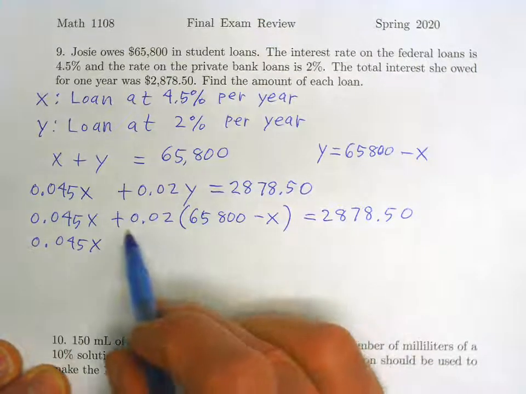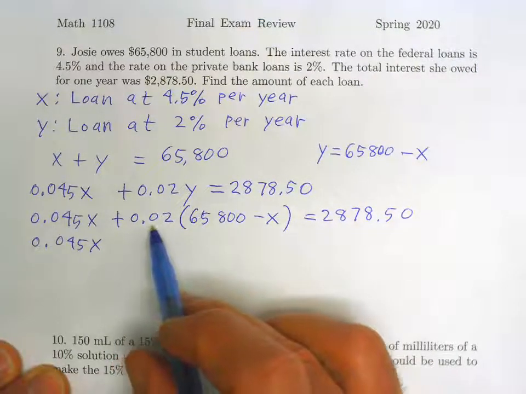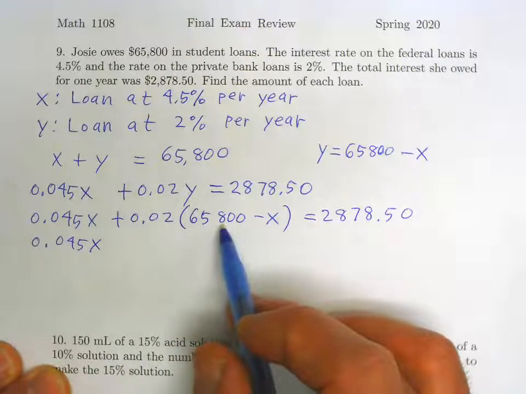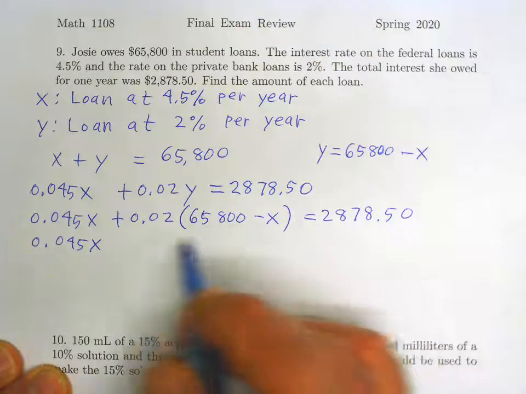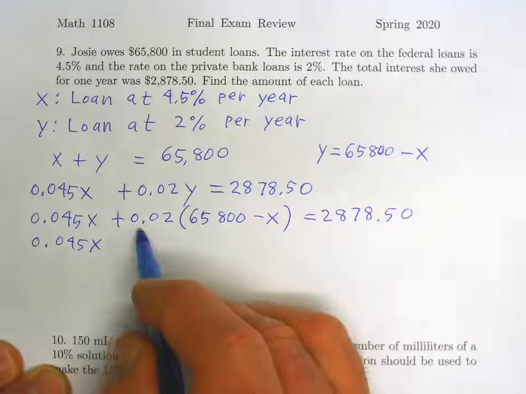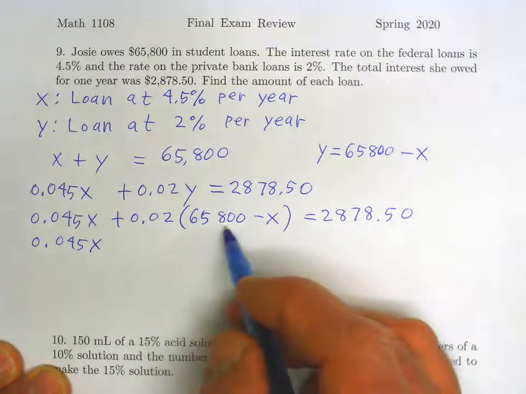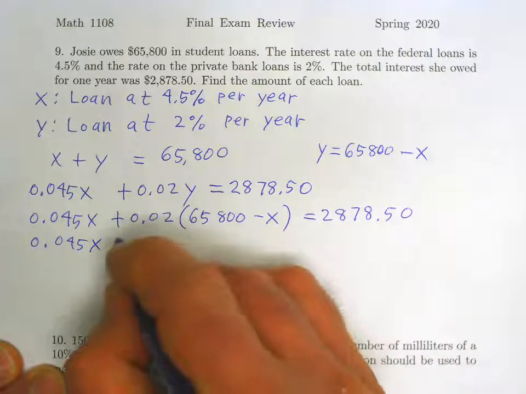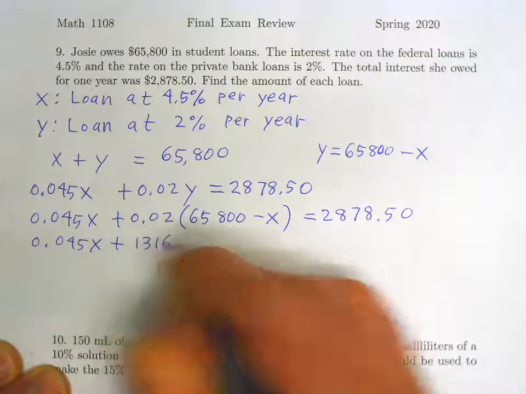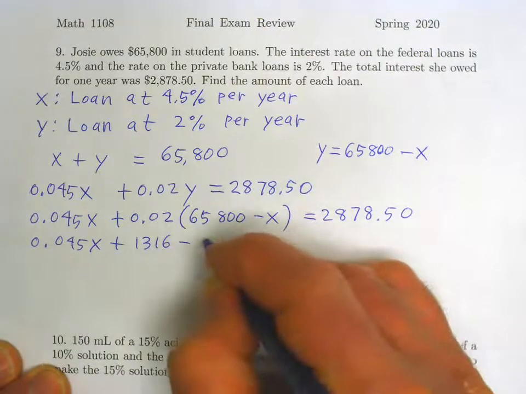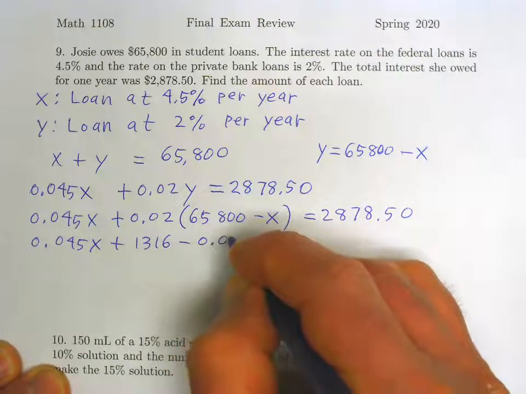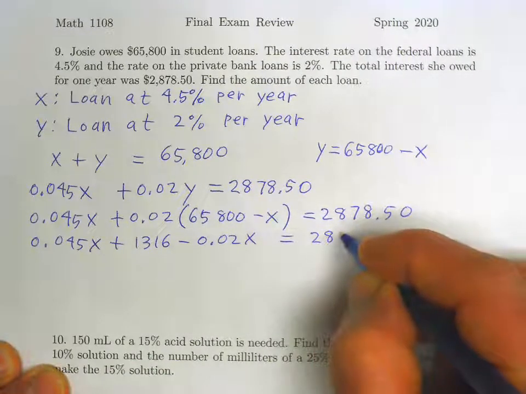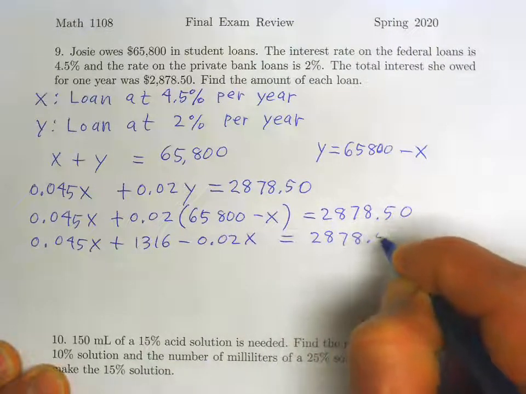And when I add 0.02 times 65,800, that first product, 0.02 times 65,800, is just 1,316. And then we subtract 0.02x equals $2,878.50.